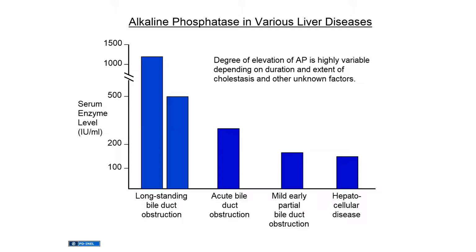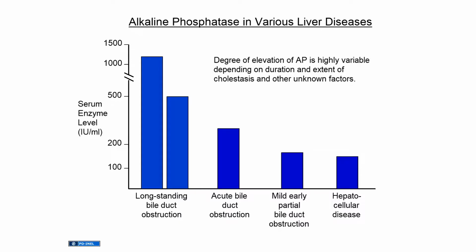So elevation of your alkaline phosphatase is highly variable depending on the duration and extent of your cholestasis and other unknown factors. So here in this figure, you'll see that long-standing bile duct obstruction can have a very high elevation of your alkaline phos compared to acute bile duct obstruction, and even higher compared to your mild early partial duct obstruction.